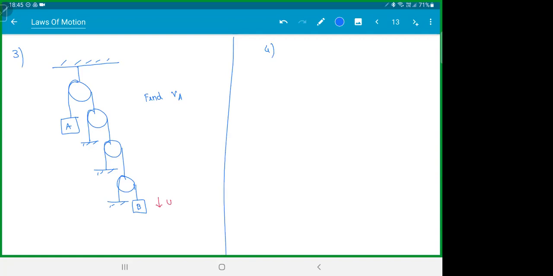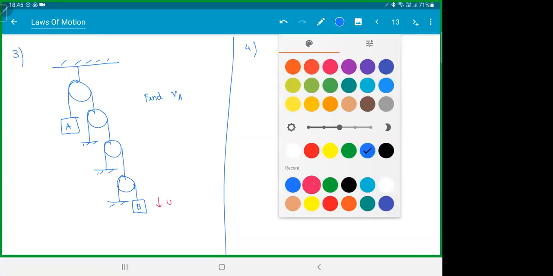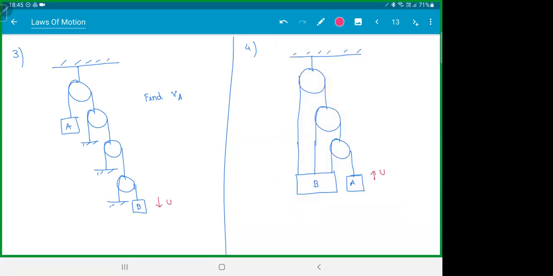Questions are big, answers are small. Keep going.